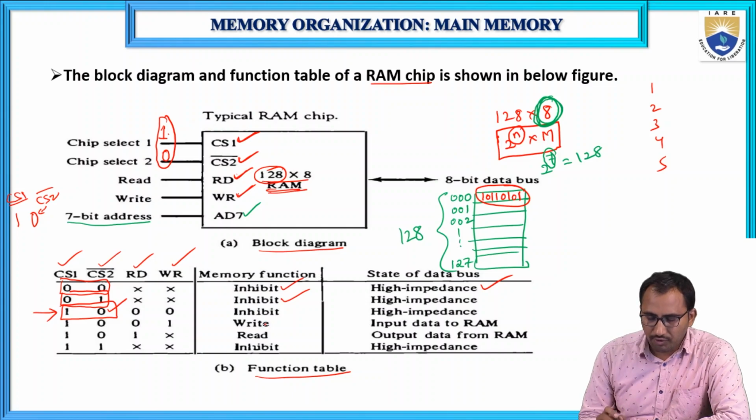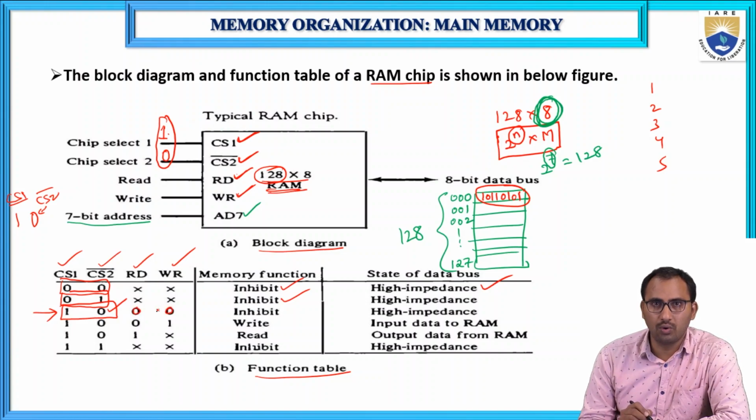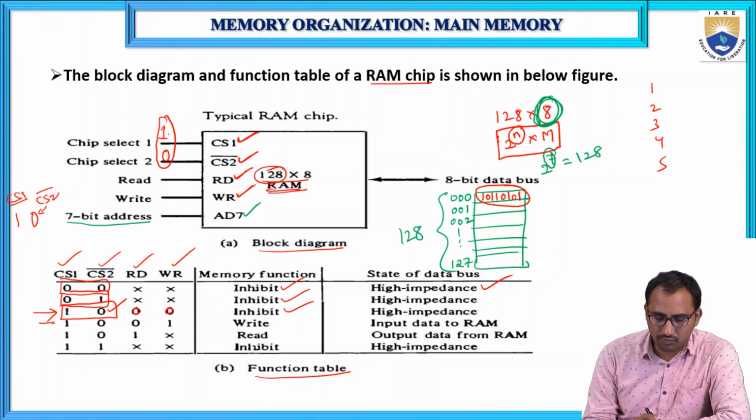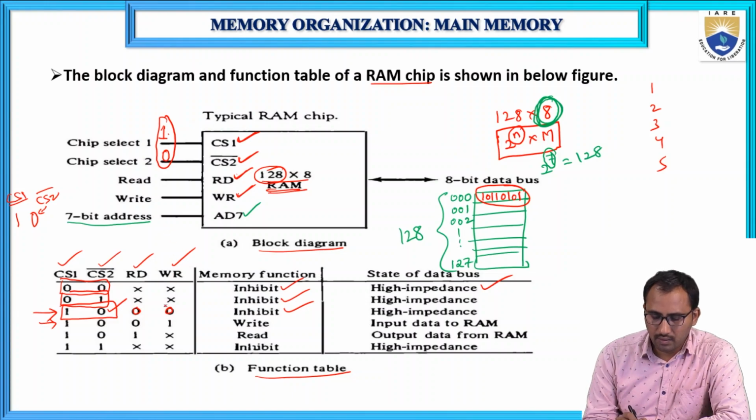Suppose you want to perform a write operation. See here, 1 0 is there, where read and write are both logic 0, so the memory will be in inhibit mode. In the next case, 1 0, we are performing a write operation because at write bar we have 1.